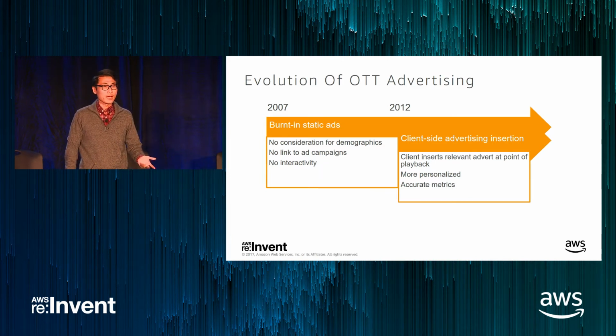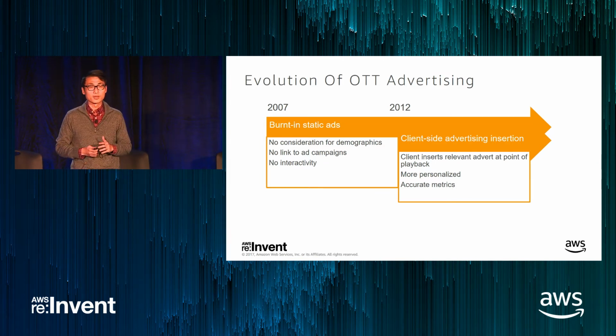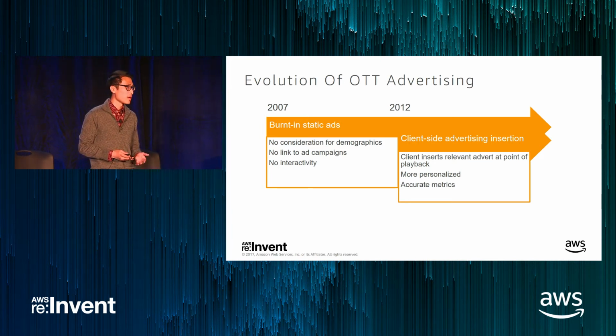And beyond that, we now have the ability to insert ads that are beyond just linear in-stream ads, but also non-linear ads and companion ads and banner ads overlaid on top of video.